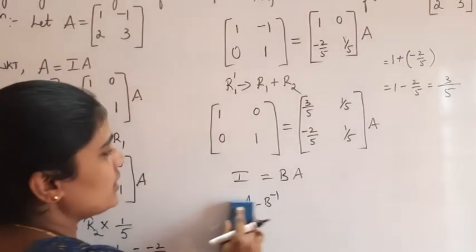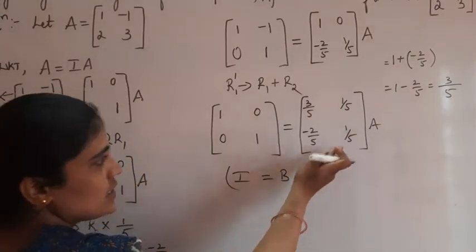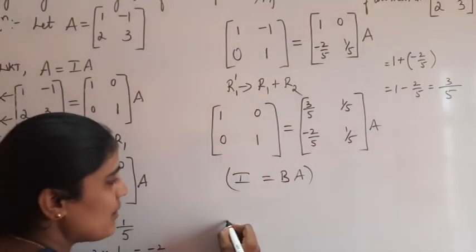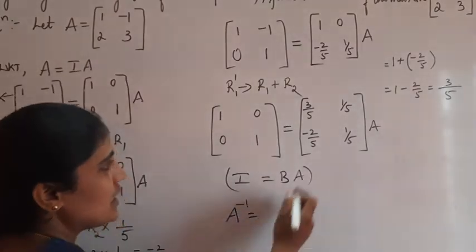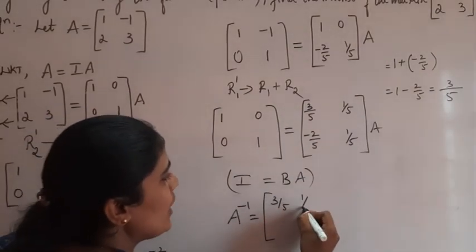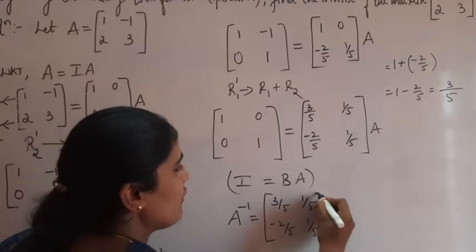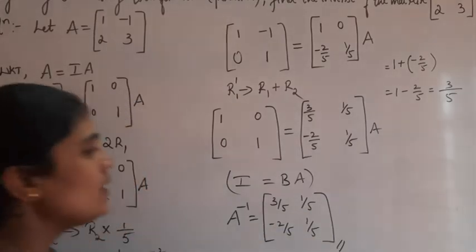To write it clearly, so here we are getting it in this form. Therefore, since this is the inverse of matrix A, A inverse is equal to the matrix 3 by 5, 1 by 5, minus 2 by 5, 1 by 5. So this is the required matrix.